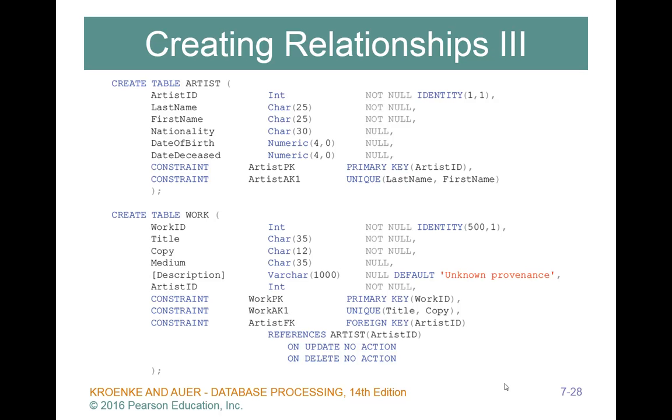So in this case, our artist ID column is indicated as identity. Identity is indicating that that's going to be a surrogate key value that's provided by the database management system. And in parentheses, the first one would indicate the starting value of that surrogate key, and then the number after the comma would indicate the increment value of that surrogate key.